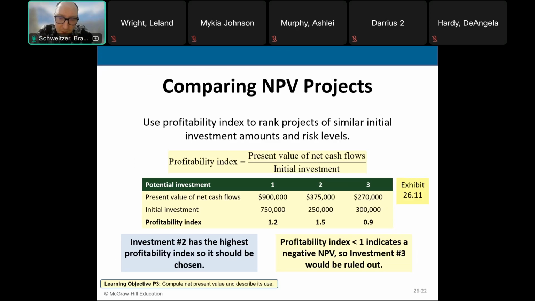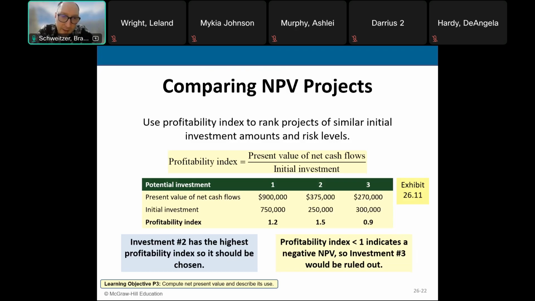Now, when it comes to profitability index, if it's less than 1, it indicates a negative net present value, which obviously indicates higher level of risk. If it's greater than 1, it's usually a good indicator that it has a lower level of risk.